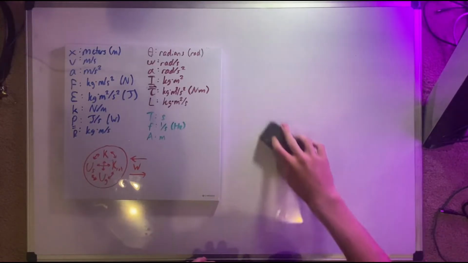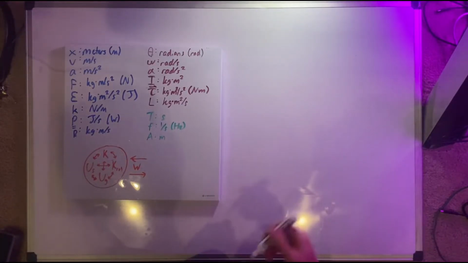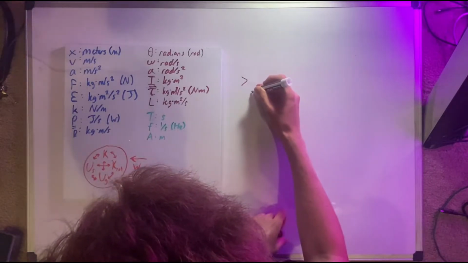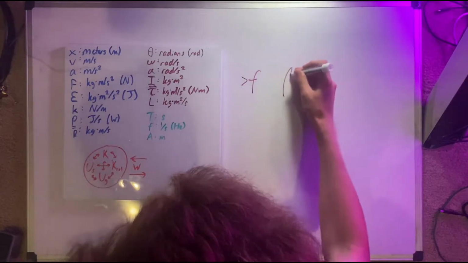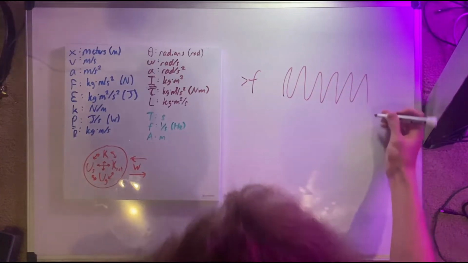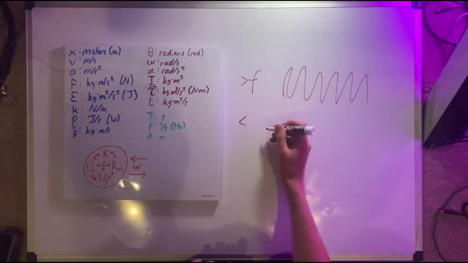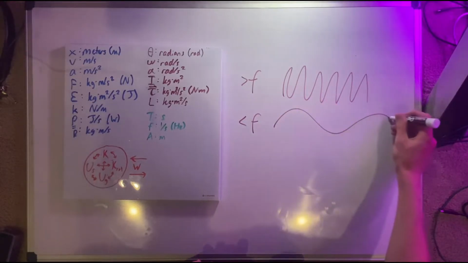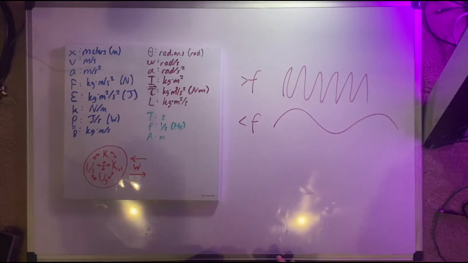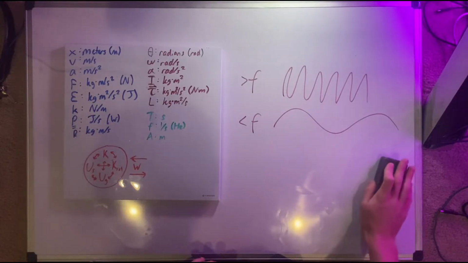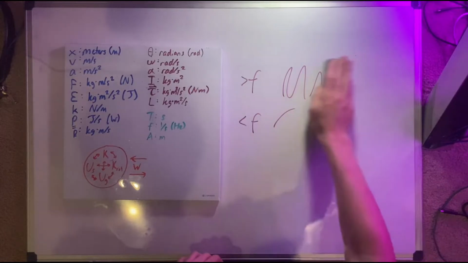And you also know that if you have a greater frequency, you would have squiggles that are very close together, which means it repeats very often. If you have a lower frequency, you would have squiggles that don't repeat as often. That could be proven by the units we use for it.